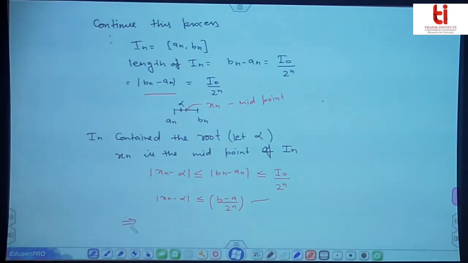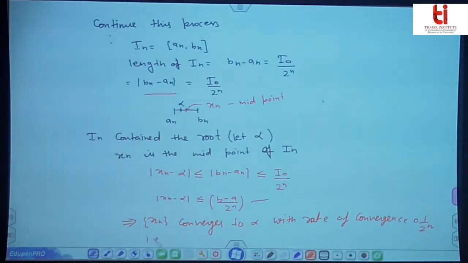This implies that the sequence xn converges to alpha with rate of convergence of order 1 upon 2 raised to power n.